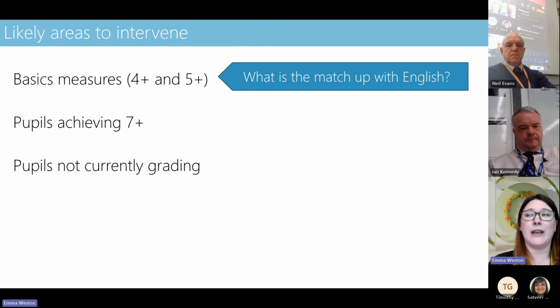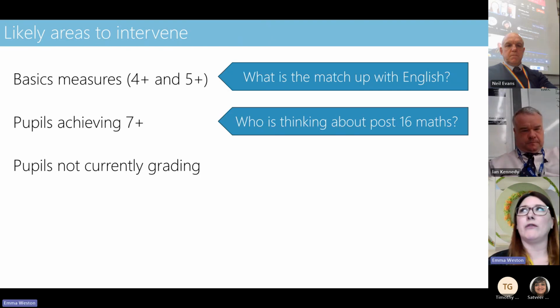So often we'll be looking at, on those Quixote documents, the basics grid that tells us who's currently achieving grade 4 and 5 in English, but not maths, and vice versa. And those pupils might naturally fall into some of our intervention groups.